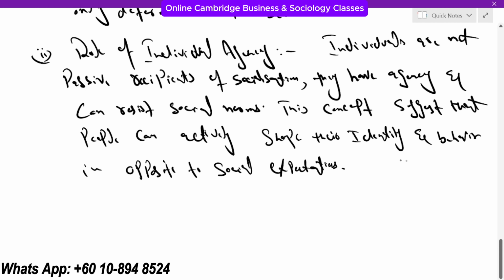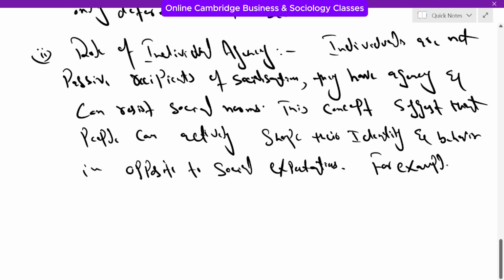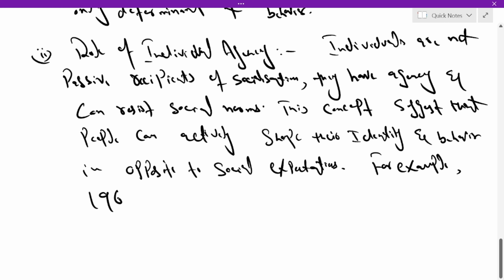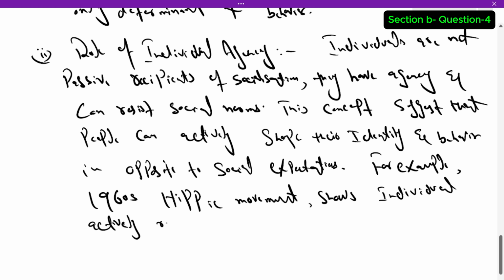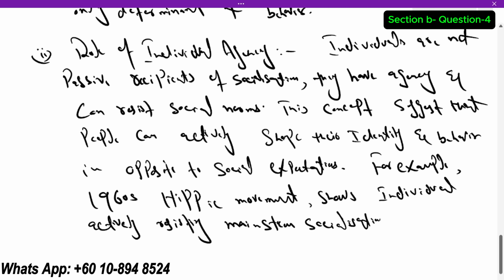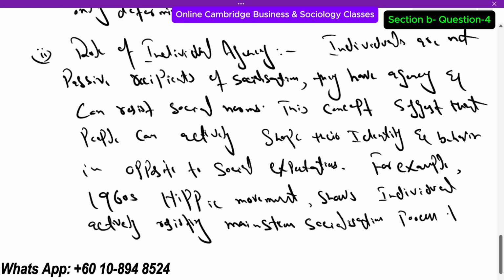For example, the 1960s hippie movement shows individuals actively resisting the mainstream socialization process to create alternative values.